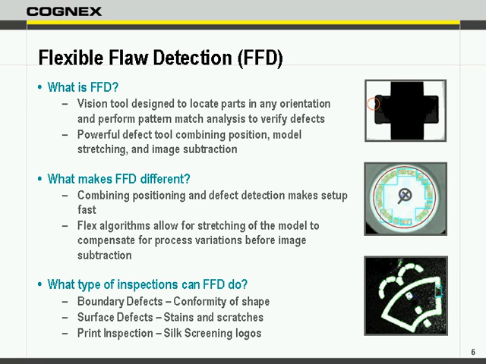And hopefully you will only find defects that are not okay while flexing to the subtle changes in your part. There are several different modes for using FFD, one of which is area-based, one is for edge-based, and then you can combine the two. So you'll see that this can be useful for finding boundary defects, surface defects. An example would be print inspection, silk screening type things.